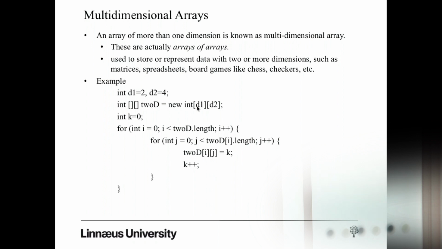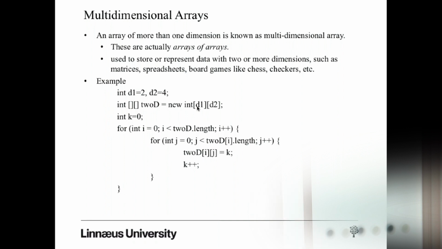Okay, 2D dot length. This is an array property. Of course, you can specify the size of your outer array here, but I told you that arrays are implemented as objects, and on the objects you have attributes and behaviors, which are the methods.